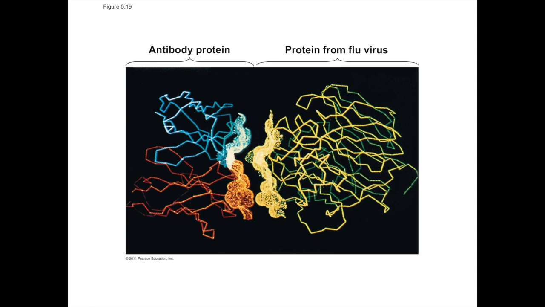Well, it has to make a protein that fits onto this protein from the flu virus. So you can see how our body has invented these new proteins, these antibodies that are kind of like a key in a lock. And this protein is like, is this protein a bad guy? And if it fits in there, it's going to trigger the body to destroy anything that looks like this flu virus.